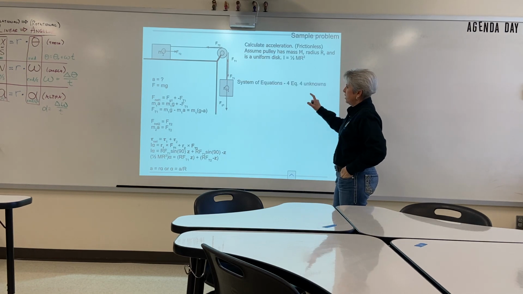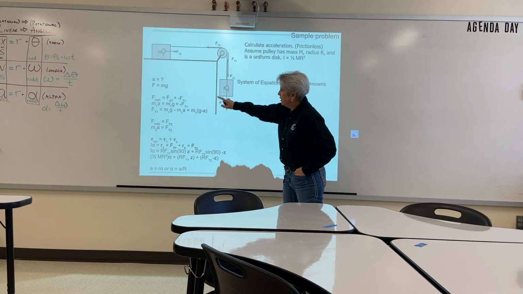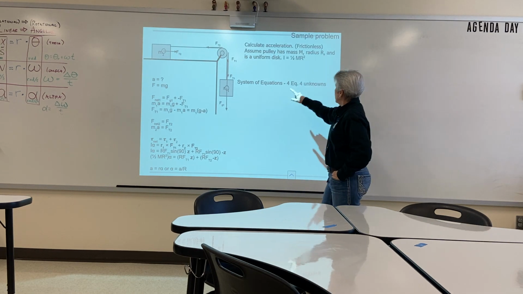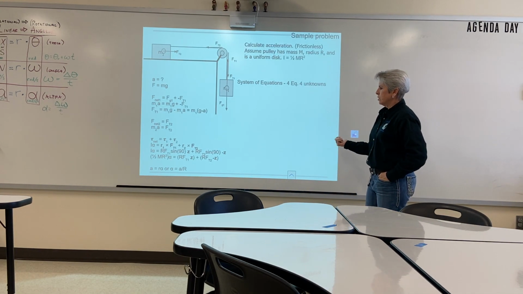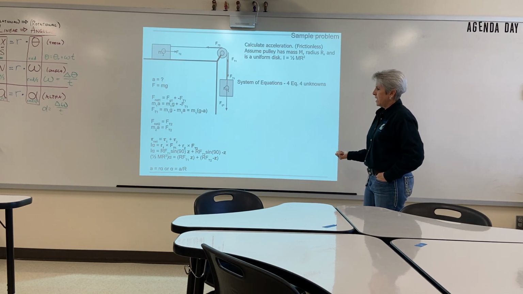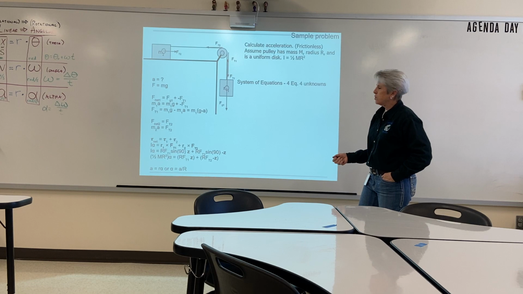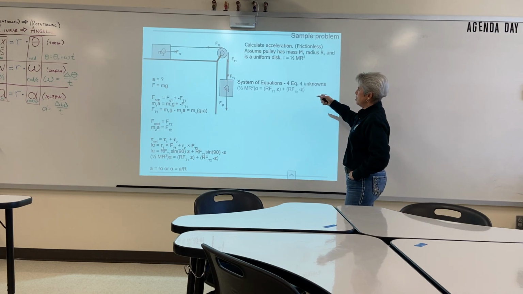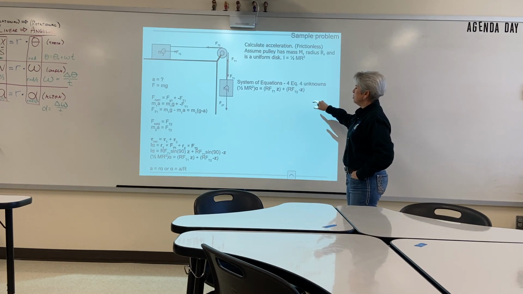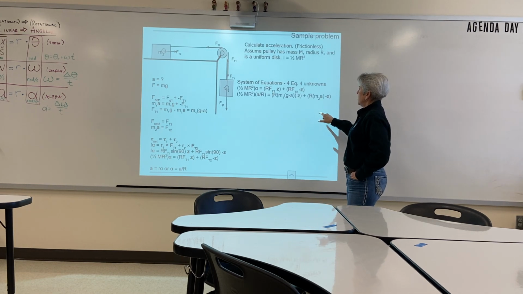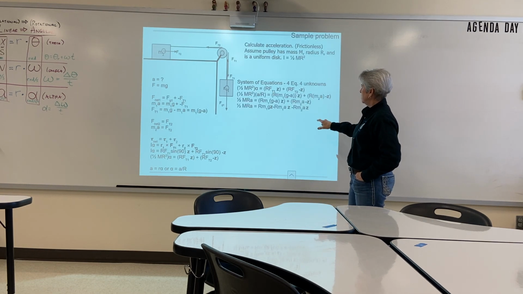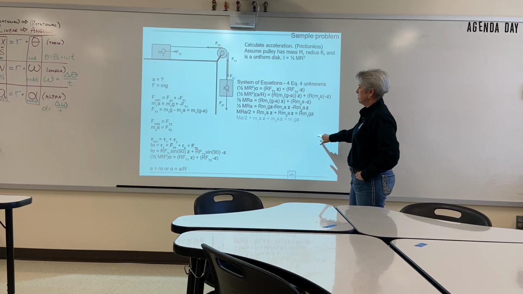And so we have several equations, and then we have 4 unknowns, because we don't know the acceleration, we don't know the angular acceleration, we know the radii and the masses, but we don't know the tension forces. Lots of things we don't know. So when you do that, you set several equations equal to each other, right? I alpha equals the sum of the torques, and then solve for, continue this step by step.